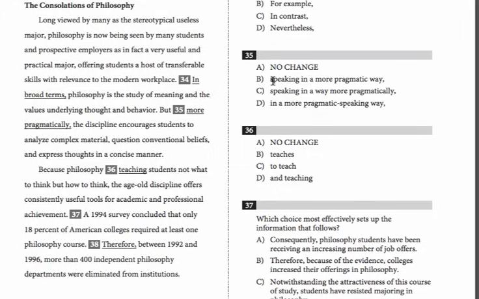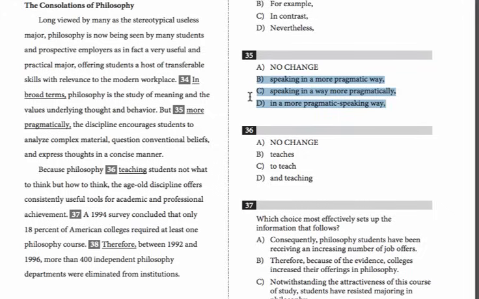B, speaking in a more pragmatic way, and C, speaking in a way more pragmatically and in a more pragmatic speaking way. All right, this is a classic example of just saying the same thing incorrectly and with more words, right? More pragmatically versus speaking in a more pragmatic way.